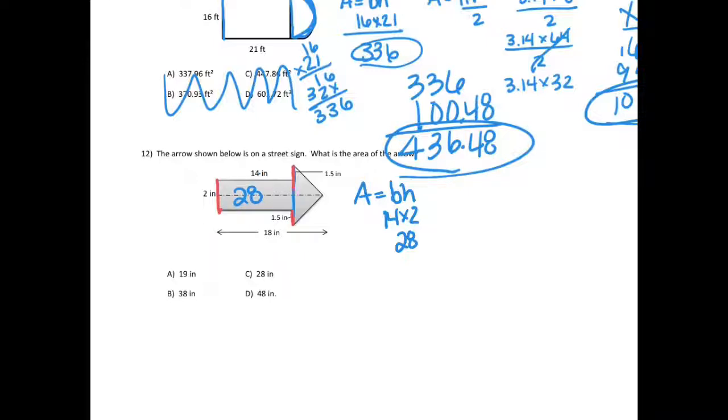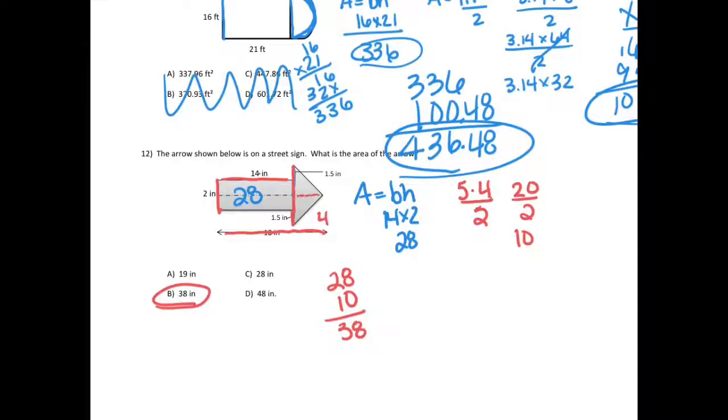If this is 2, then that is 2, which together makes 5. So base times the height right here, which is 4, because this entire thing is 18 and this is 14. So that leaves this as 4, divided by 2. 5 times 4 is 20. Divided by 2 is 10. So 28 plus 10 is 38, which is answer choice B.